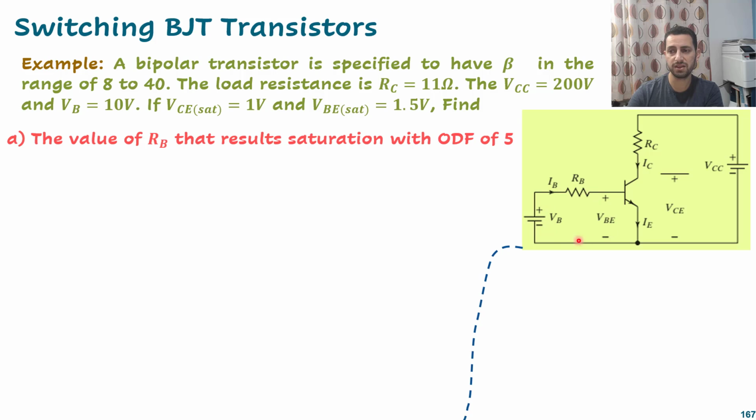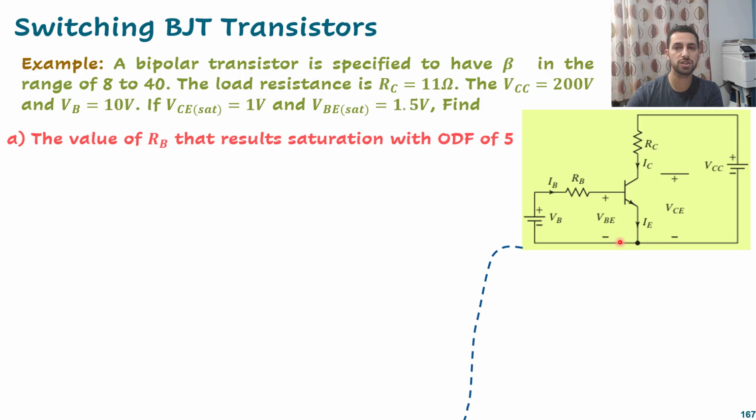Okay, I think we have to write the equation first for this loop. The equation will be the voltage of the base minus the voltage drop across this resistor minus the voltage across this junction equals 0.